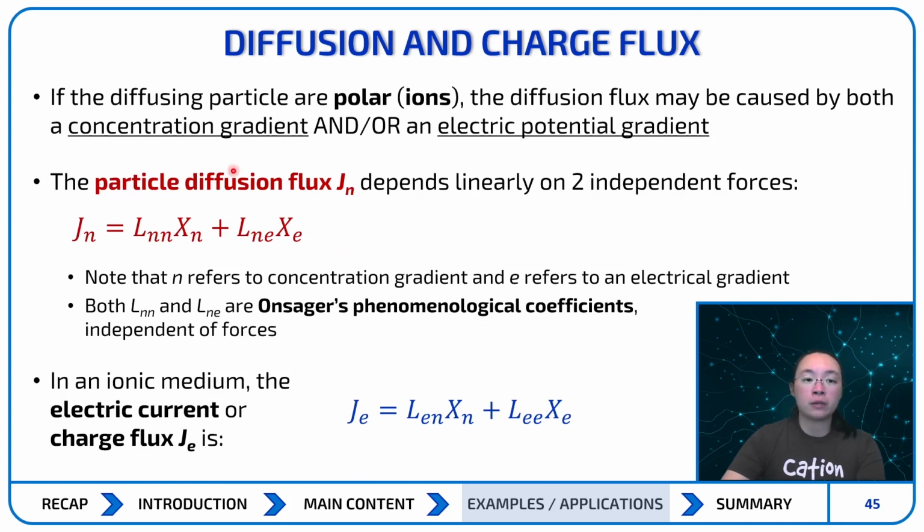So keep in mind there are now two equations. There's a flux for particle diffusion coming from two different forces, and there's now an electric flux coming from mechanical and/or concentration and electrical forces. And each of them has its own proportionality constant. So there's a total of 4 proportionality constants in these two cases.